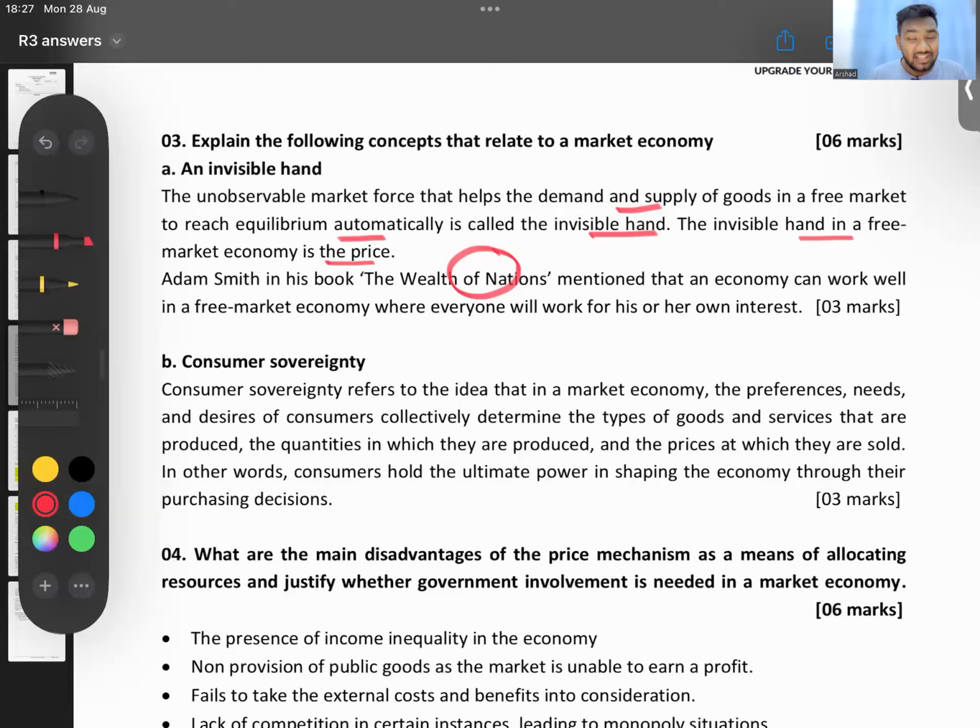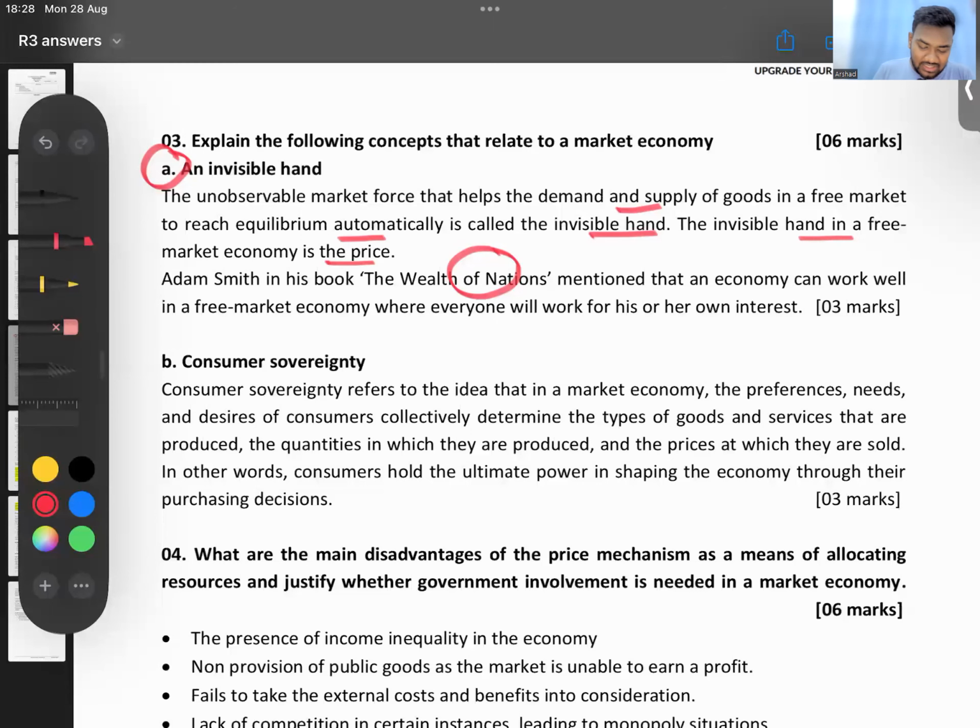This invisible force called the price will automatically lead to demand and supply reaching equilibrium. Based on their self-interest, consumers will buy more if the price is low, and producers will supply more if the price is high. So it will automatically match. You don't have to intervene. That is the story, guys, about the invisible hand.